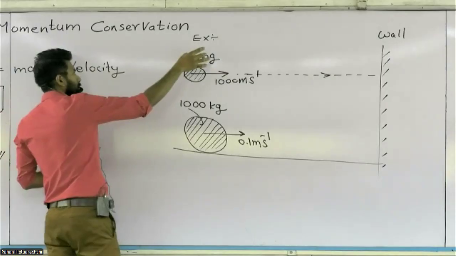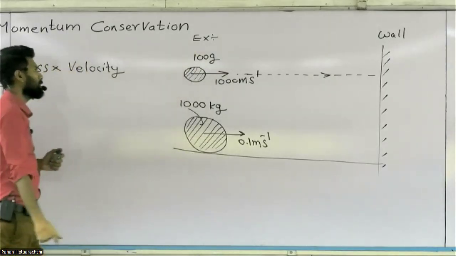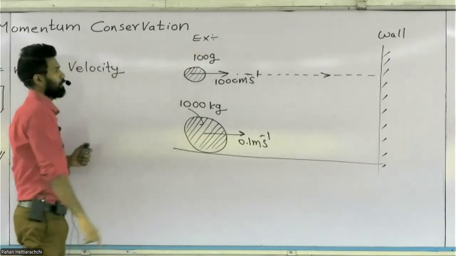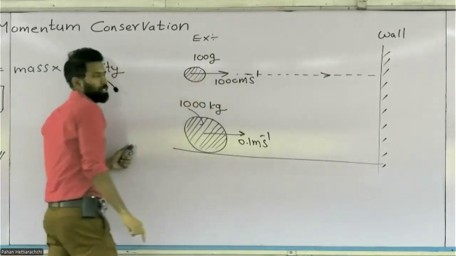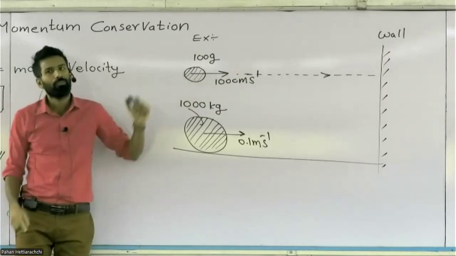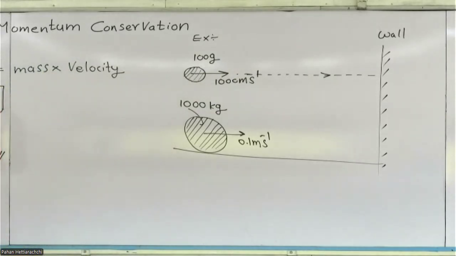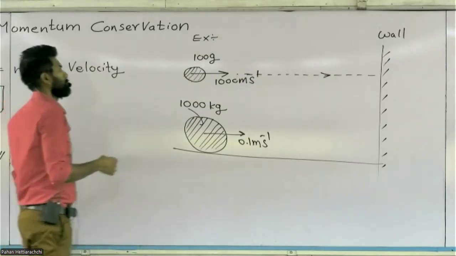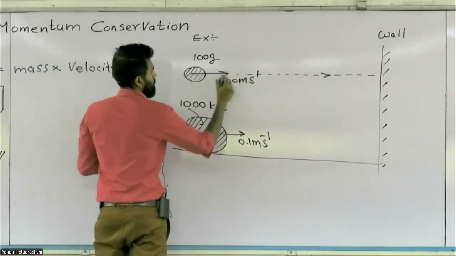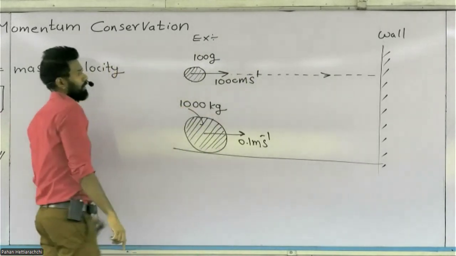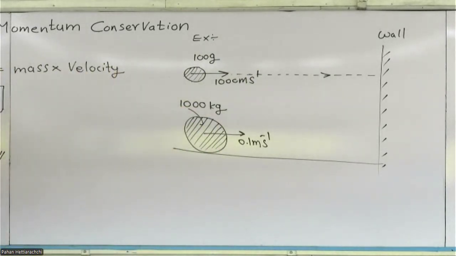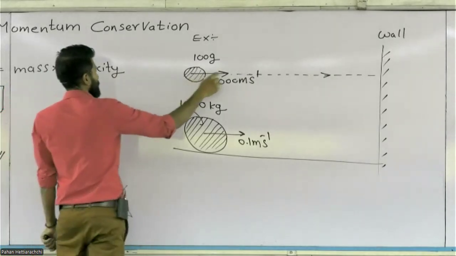A bullet, 100 grams in mass, is fired towards a wall with a 100 meters per second velocity.